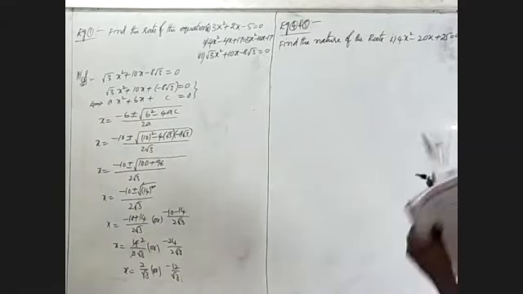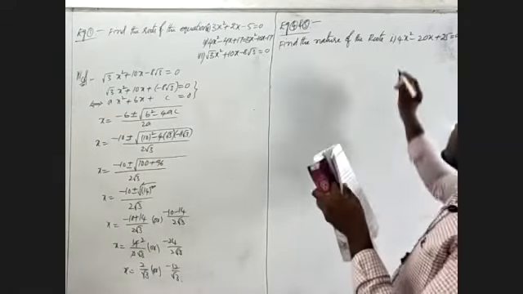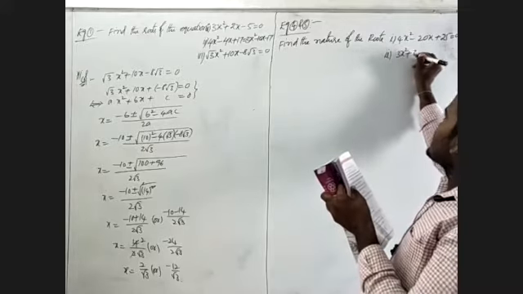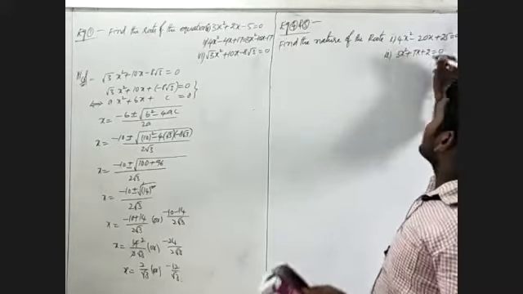After that the second one is 3x² + 7x + 2 = 0.